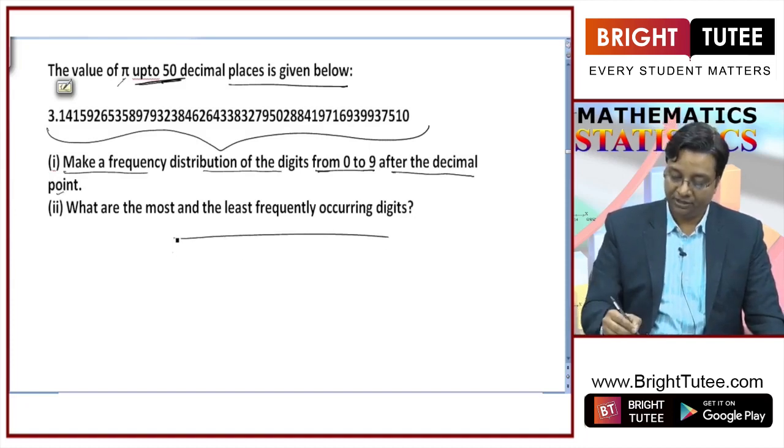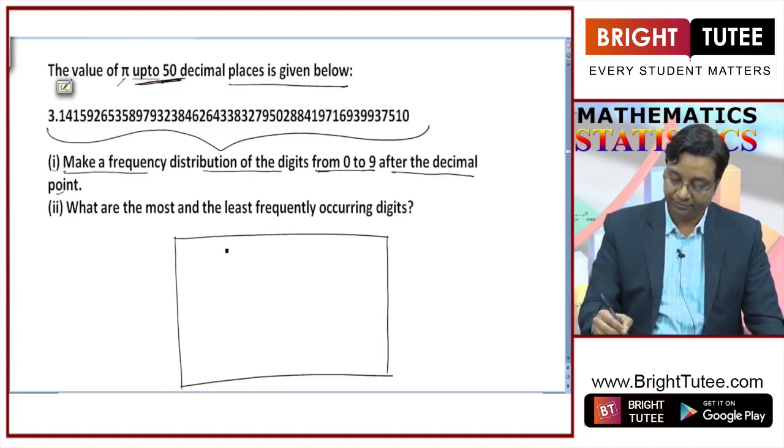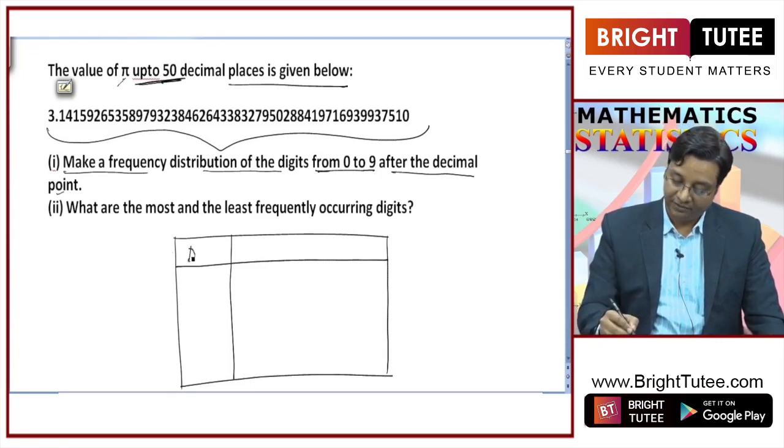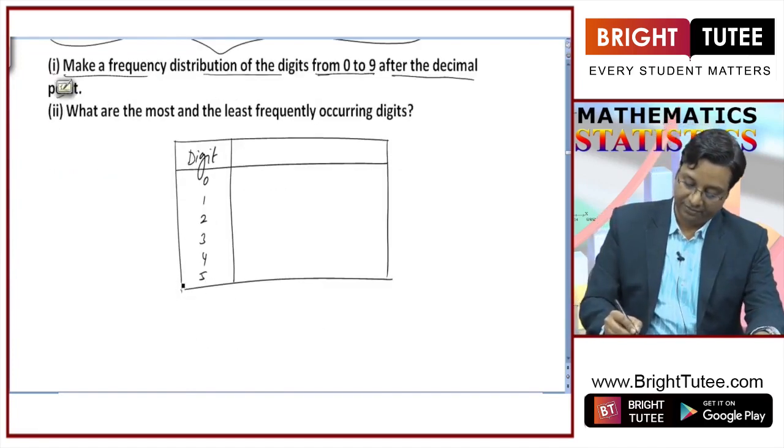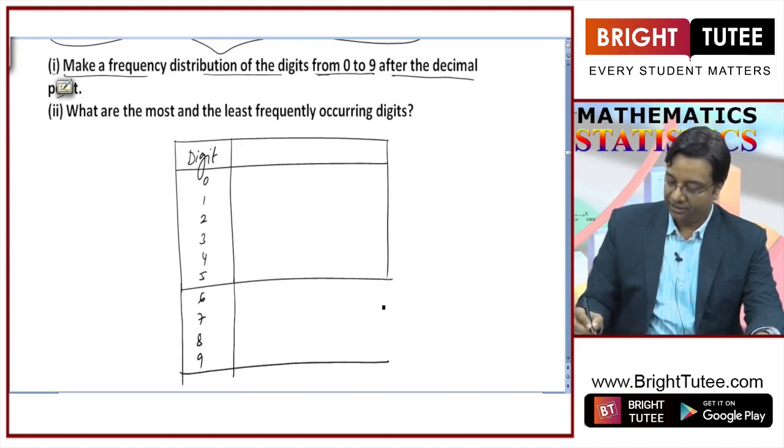So the first thing that we need to do is we need to write the digits 0, 1, 2, 3, 4, 5, 6, 7, 8, 9. So these are the digits that can be there.